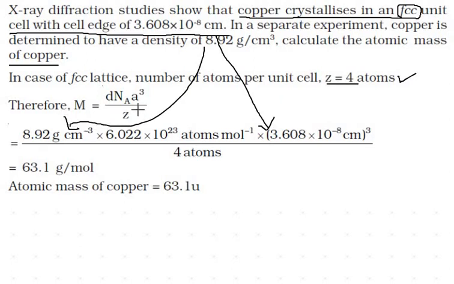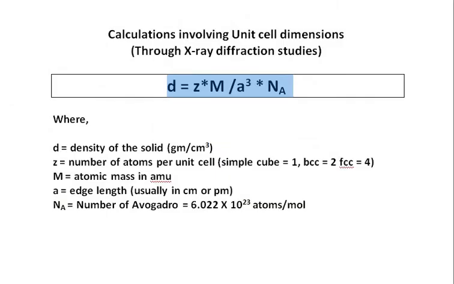Okay, now you have the formula. Let us see the formula again. It says D is equal to Z into M divided by a cube into NA. Okay, you need to learn this formula. Do not forget.